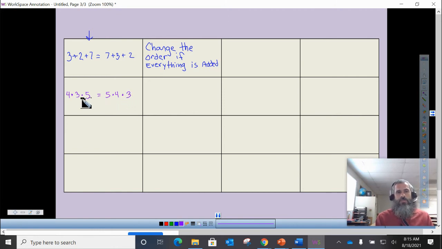Instead of 12 times 5, I know some people it's easy no matter what, but so you can change the order if it is all multiplied. So everything is being multiplied together.